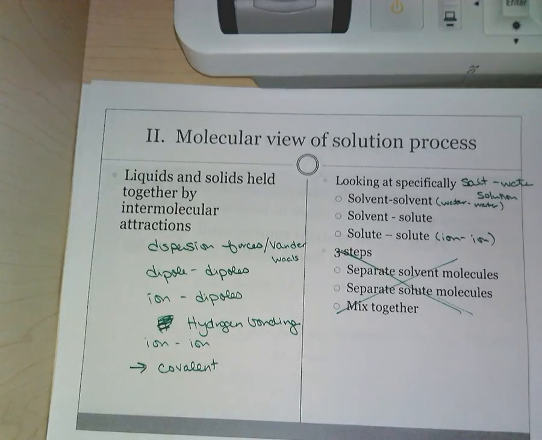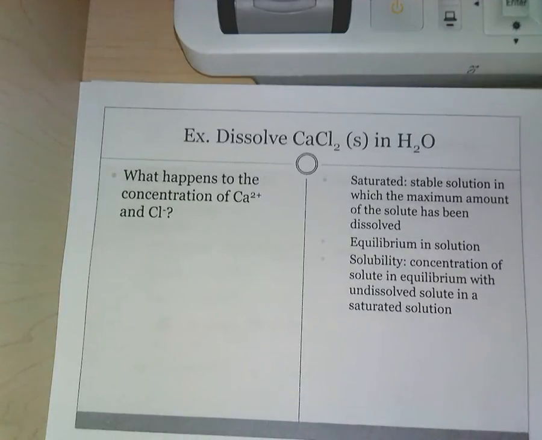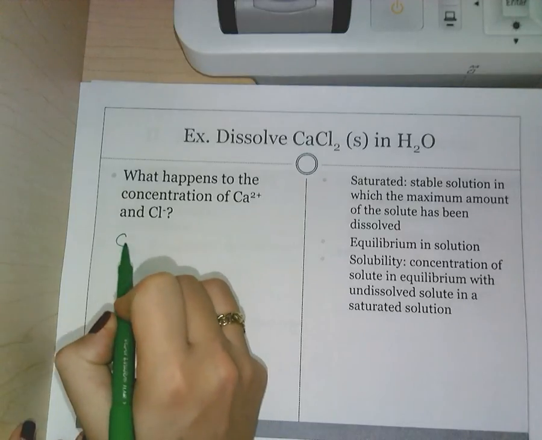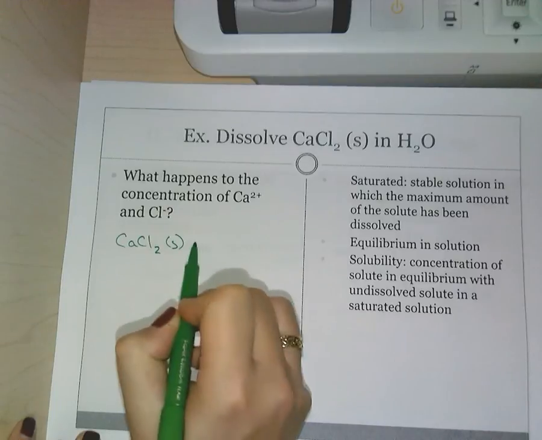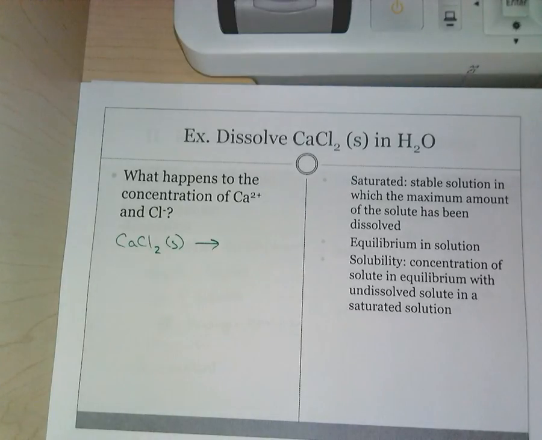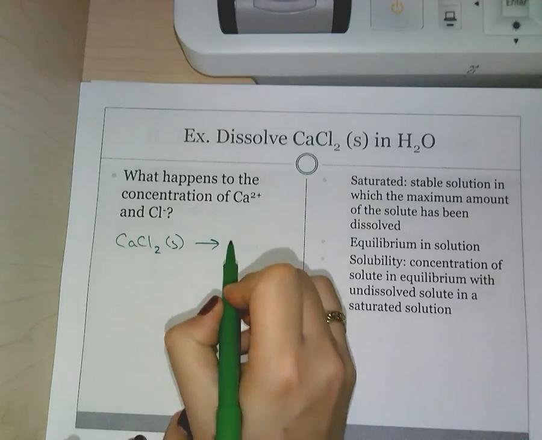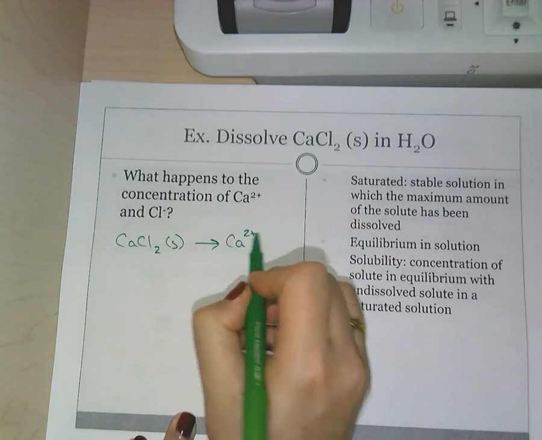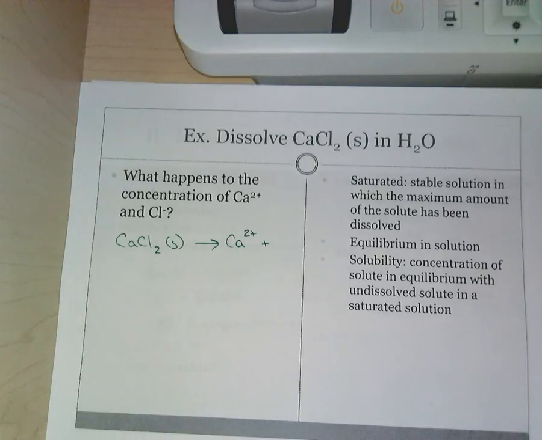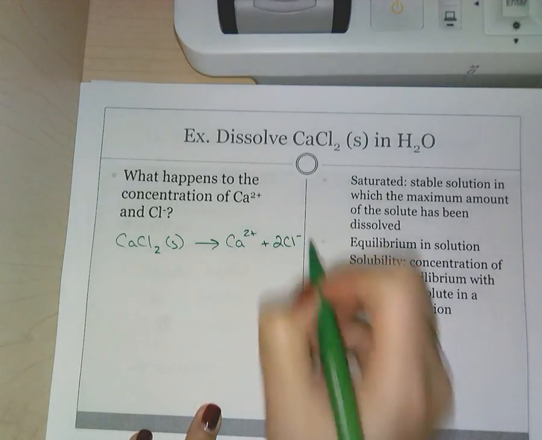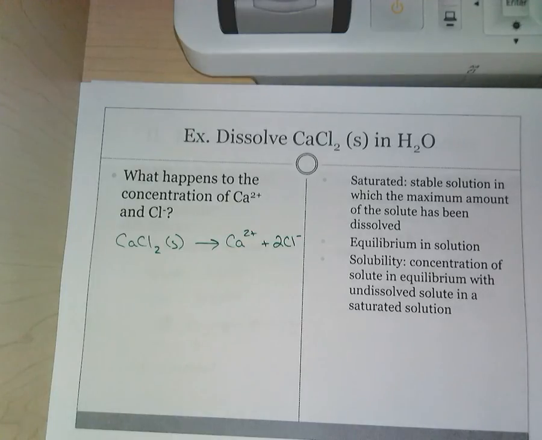So let's talk about dissolving a solid in water. So I have calcium chloride dissolving in water. So if I have calcium chloride solid, how many calcium ions do I make when it dissolves? Okay. What would be the charge on the calcium? Oh, I already gave it away. How many chlorides? 2. So how many ions altogether have I made from dropping 1 calcium chloride in there?